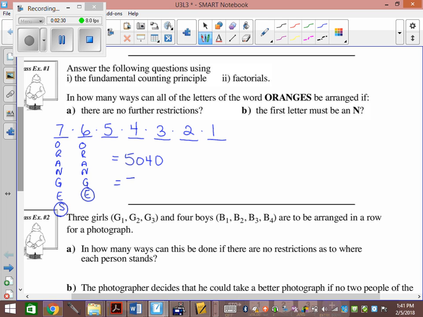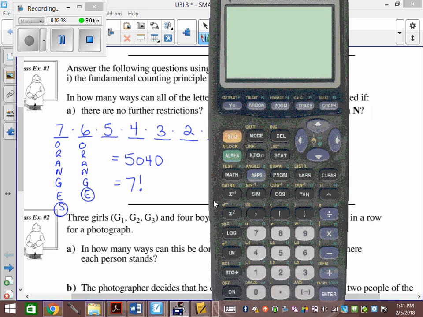Now, we're going to go 7 factorial. How you get to that is you go like this on your calculator. You're going to go 7, then you're going to press math.